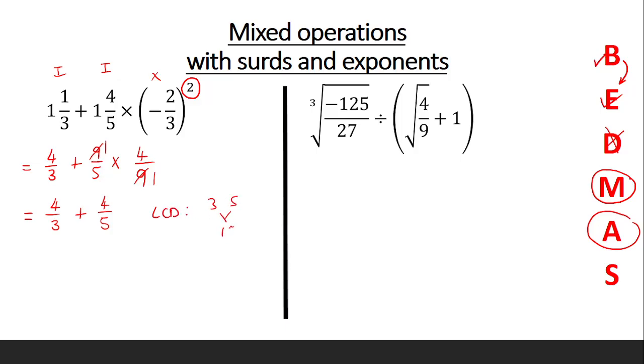That's going to be 15, times by 5, times by 5, times by 3, times by 3. That's going to be 20, but let's put this over 15. 20 plus 12, which is just going to be 32 over 15. And I'm going to leave it as improper because that's what we're going to do with algebraic fractions.